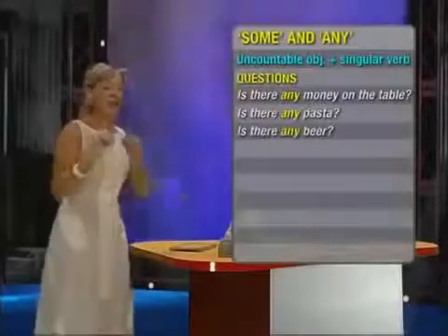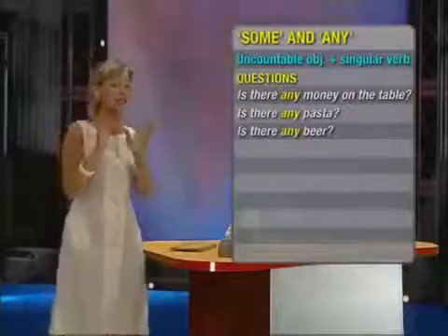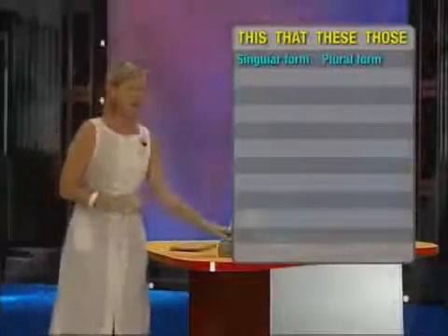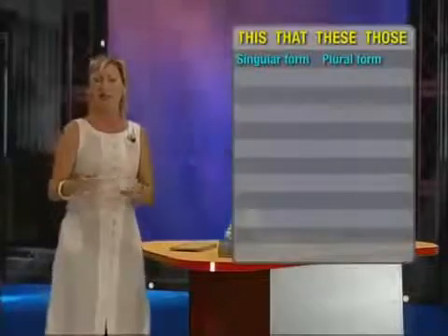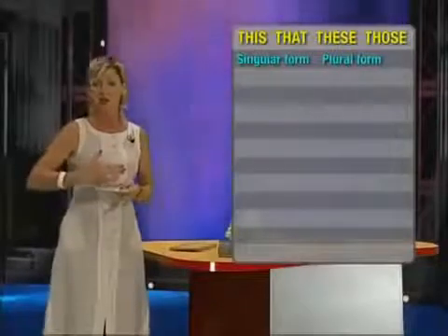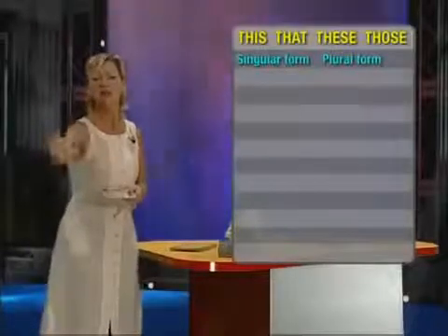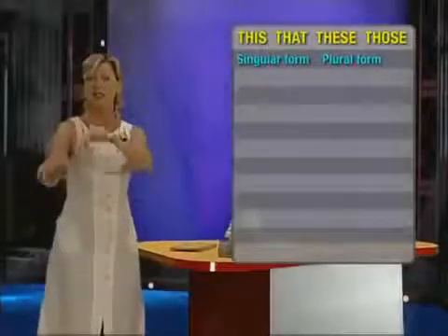Okay? Now, I want to add one more thing to this lesson, and it's the words this, that, these, those. Let me explain. With one object, you say this CD when it's close to you. This CD. But when it's distant from you, far away, you say that CD.